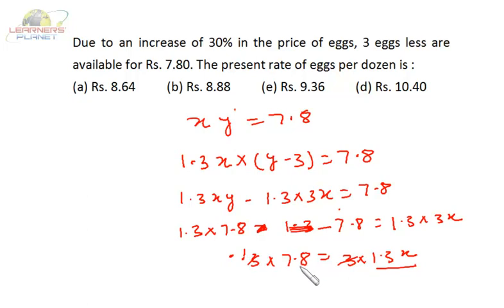So it is 0.1 into 7.8, that is 78 paisa. So 1.3x is equal to 78 paisa. That means per egg is 78 paisa. For 12 eggs we need to pay 9.36 rupees.